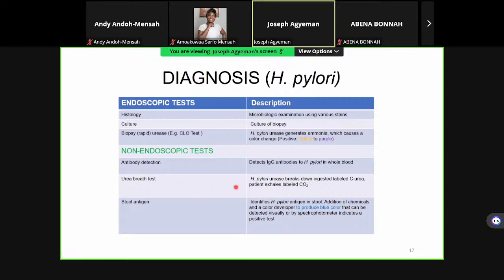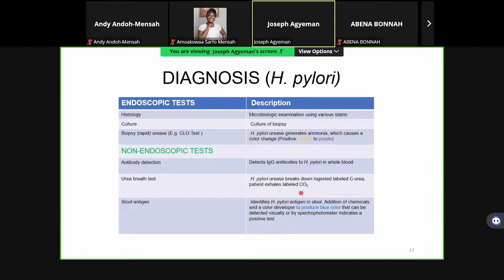which is also based on the principle of the urease test. So the carbon dioxide that will come from the breakdown of the urea is labeled. It is a labeled carbon. So the machine will detect it.